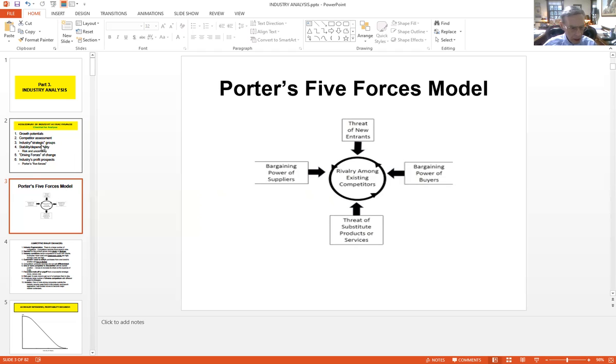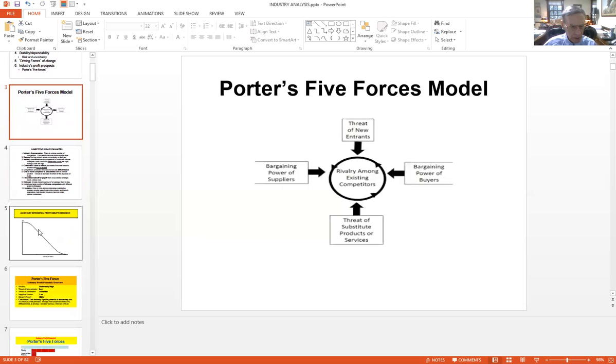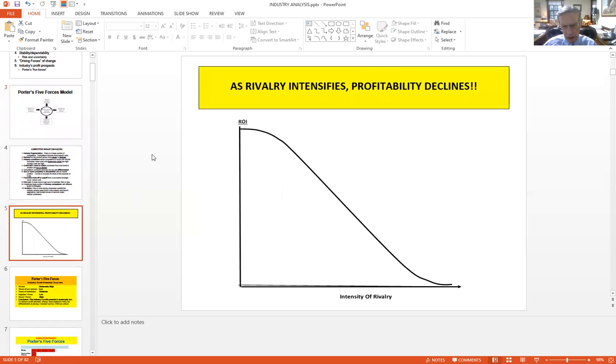And Porter was able to demonstrate that as rivalry goes up, the rate of return on investment in companies go down. In previous years, I've asked my students to help me demonstrate this, and we obtained published average rates of return for various industries, and we plotted them on the scale.